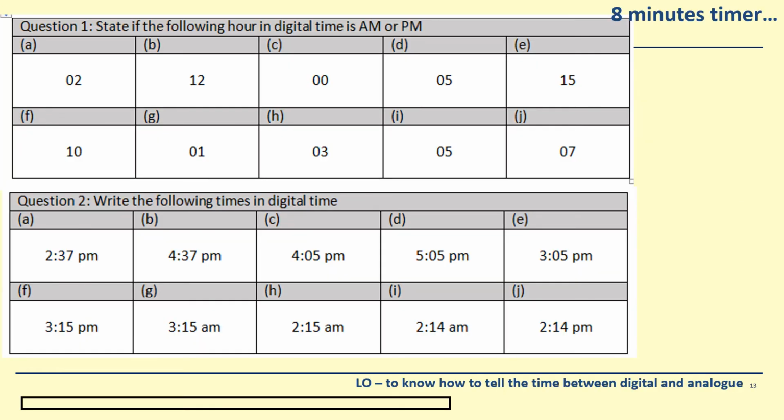All right. Now make sure you read the question at the top properly. See what it's asking you to do. Please set an 8 to 10 minute timer. There are 2 sets of questions here, question 1 and question 2. Complete them all in the time. Press play when you're ready for the answers, please.